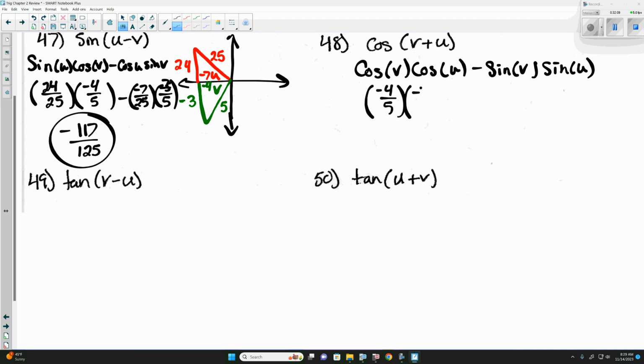Cosine of u, -7/25. Minus sine of v, -3/5. Sine of u, 24/25. Then we're going to multiply all those together. We're going to get 125 again.